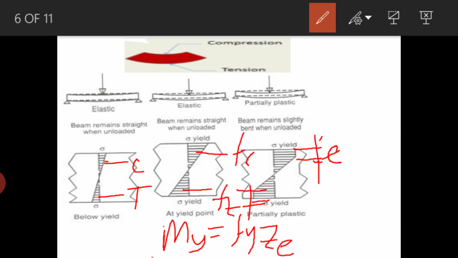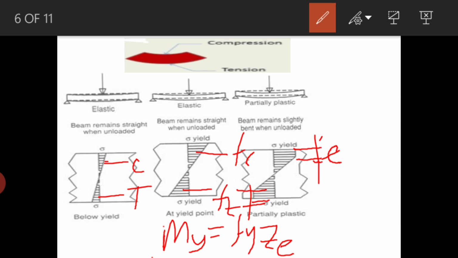So the yield gets penetrated into the inner fibers for a depth E. I mark depth E, because in the third stage we are loading beyond the yield point.